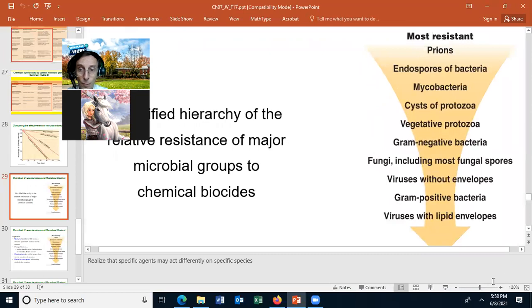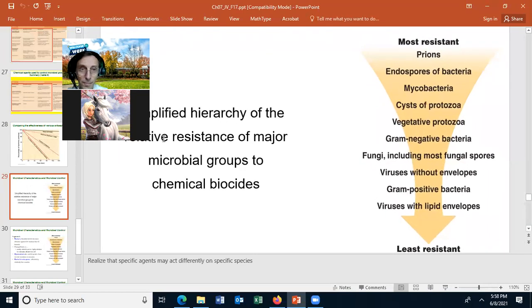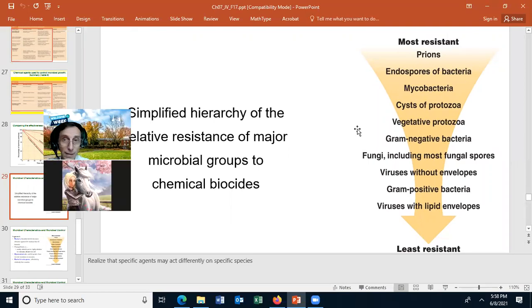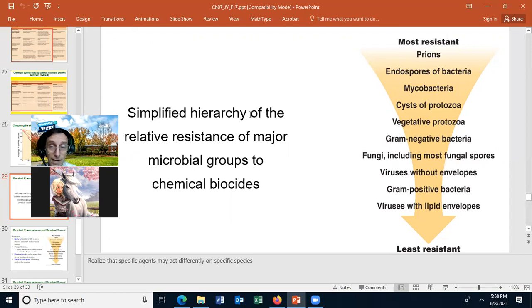Prions, well, there's really no chemical agent we can use that will stop prions. Okay? To control prions, you need 1,000 degrees Fahrenheit temperature, or they found that if you treat an agent like a surgical instrument with a proteinase, an enzyme that degrades proteins, that can be used as a treatment for acting against prions.